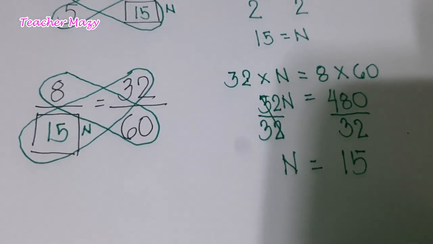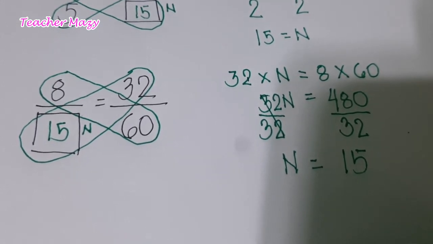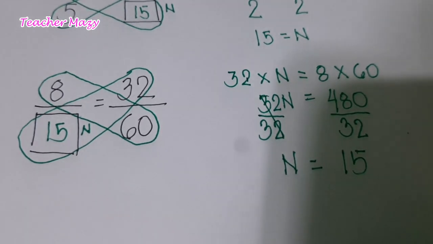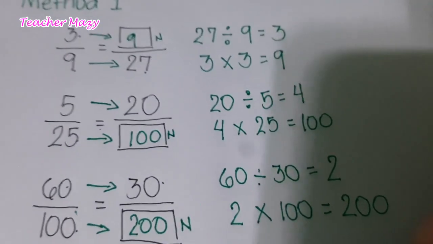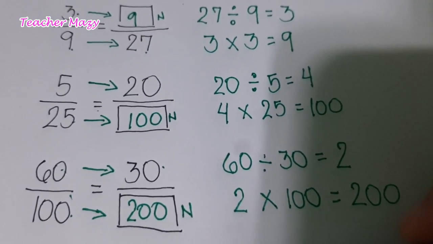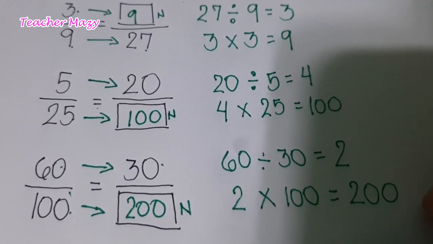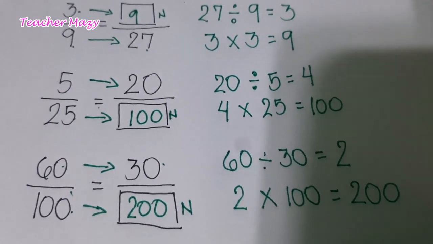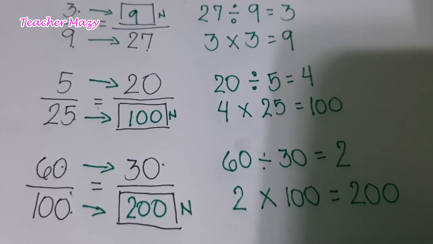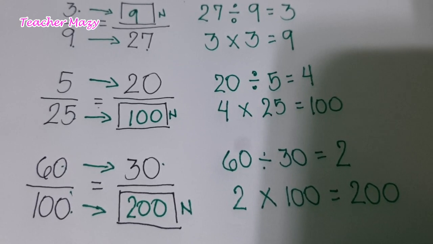Okay, so that's it. Those are the two methods that you may use to find the missing term in a proportion. Again, in method 1, all you have to do is divide it horizontally and then multiply it by the number horizontal to the missing term.